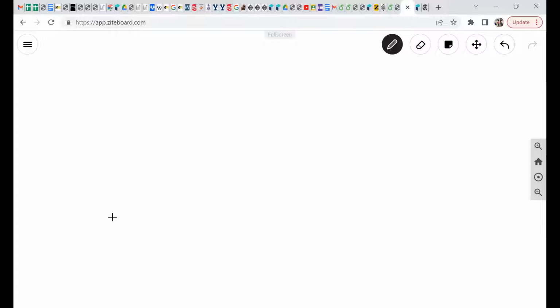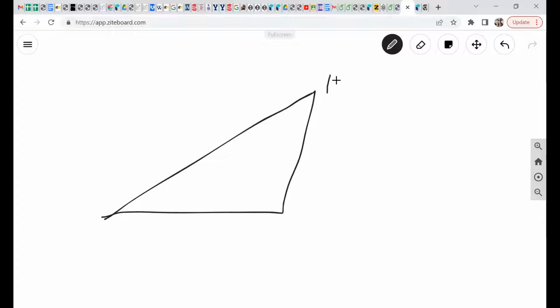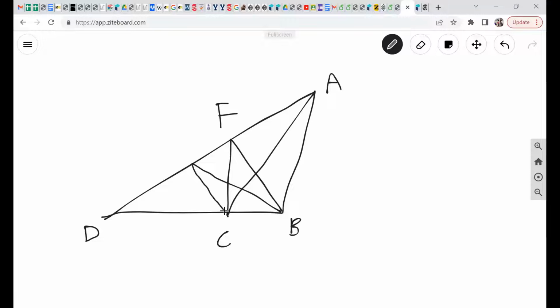So we have a triangle ABD, and we have an angle, that is C, that is F, that is E.